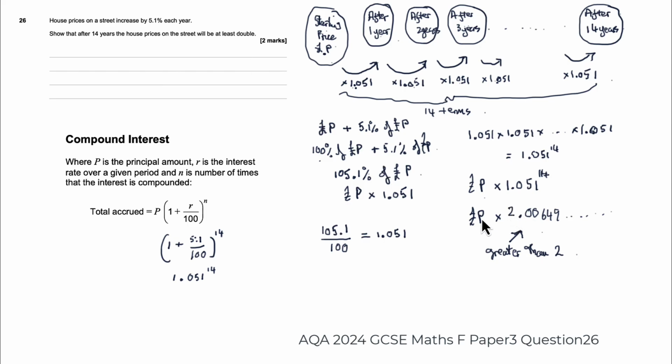So if you multiply the initial price by 2, you would have doubled the prices. This is slightly more than 2, so it has been at least doubled. And there's all the working to back up that claim.